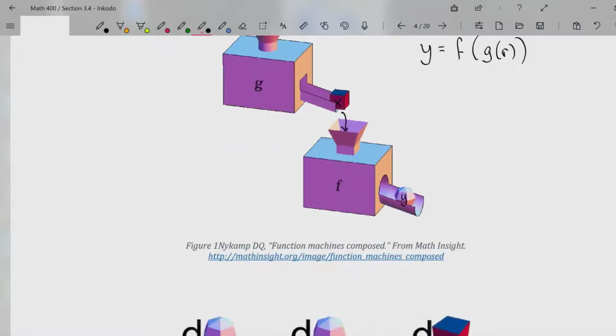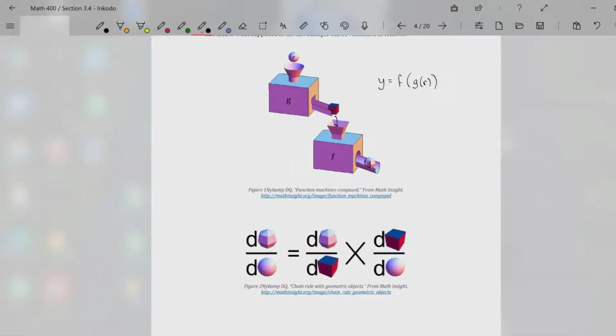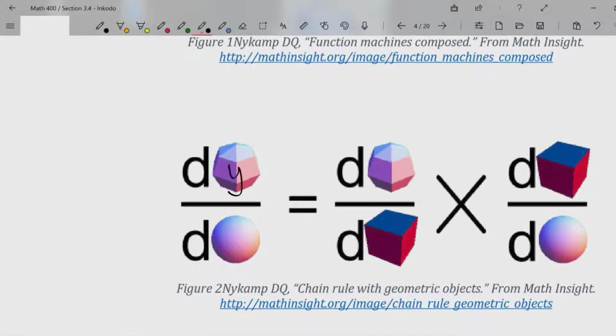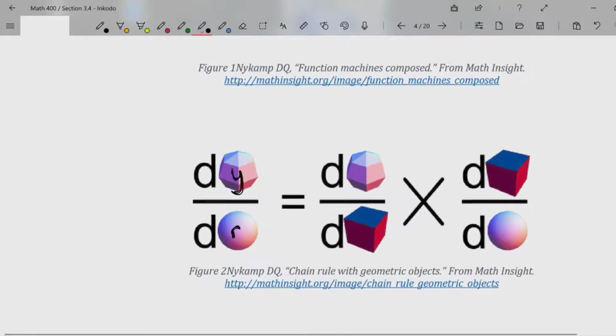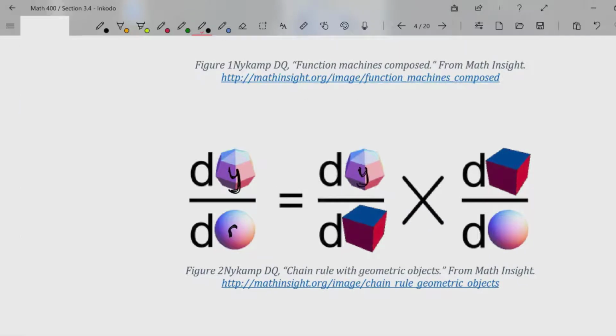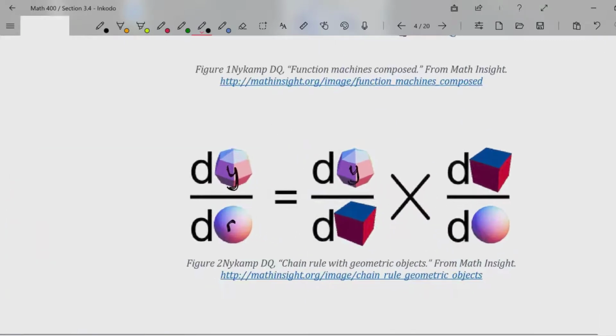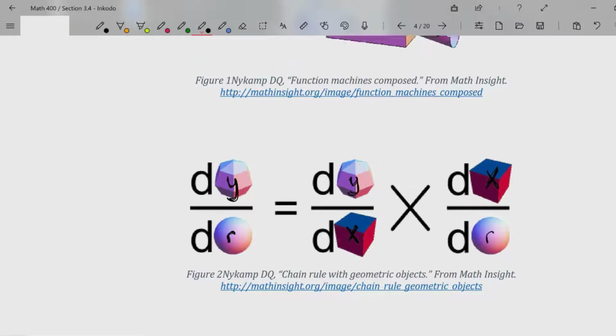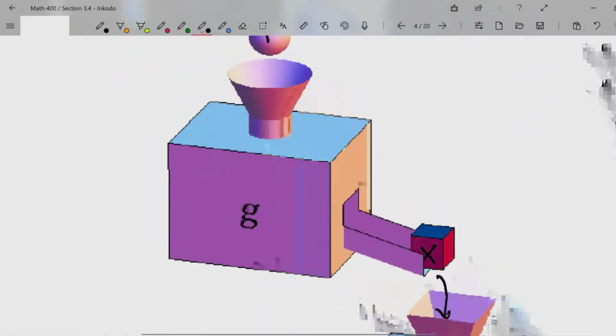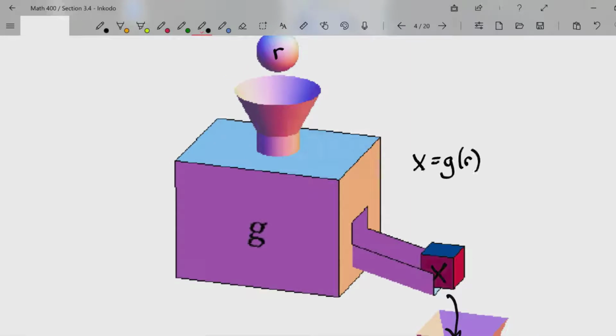Scrolling down, you can see if you just fill in the labels, this tells us that dy/dr, because the circle was for r, is equal to dy/dx, the derivative of y with respect to the stopover variable, the intermediate variable, which is x, and then dx/dr, because x is a function of r. x, which is equal to g of r, is a function of r.